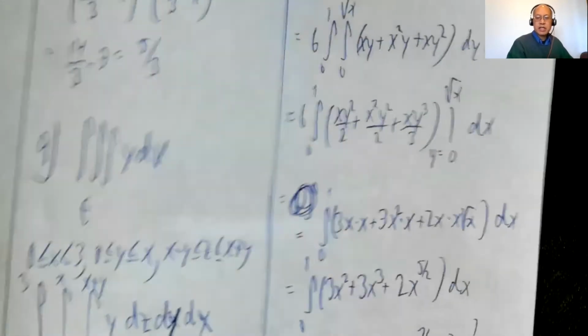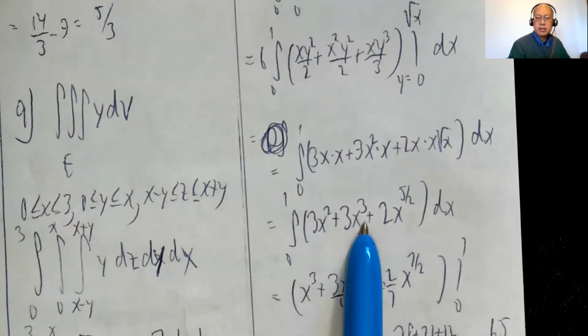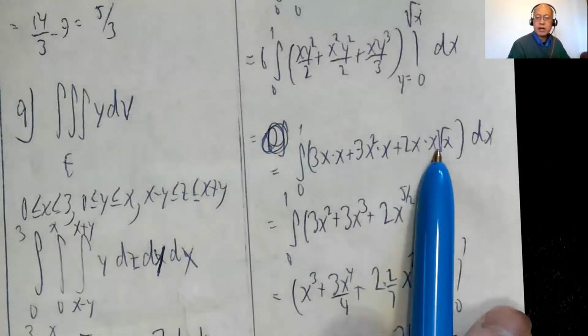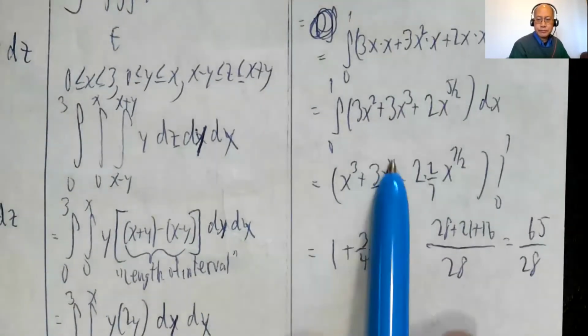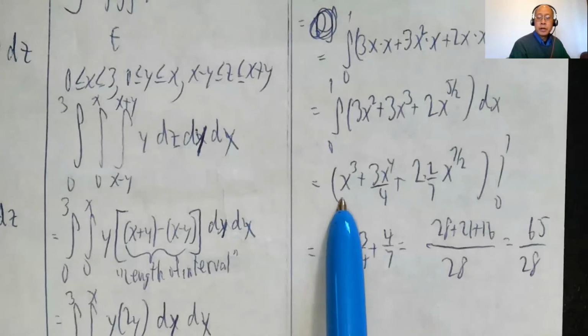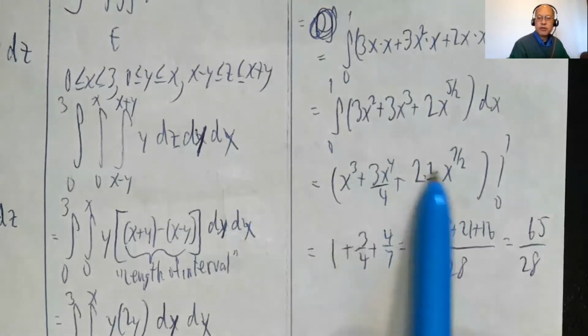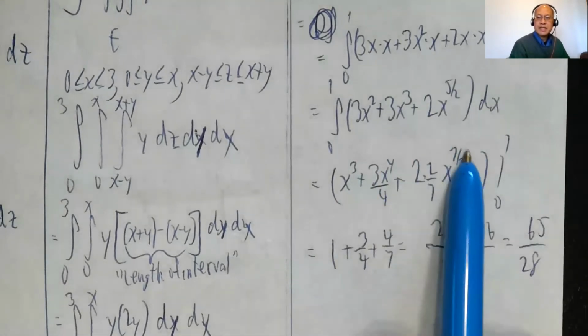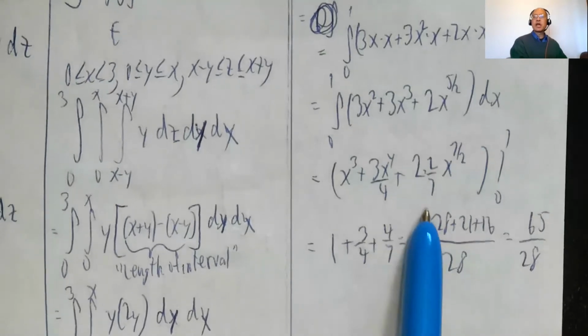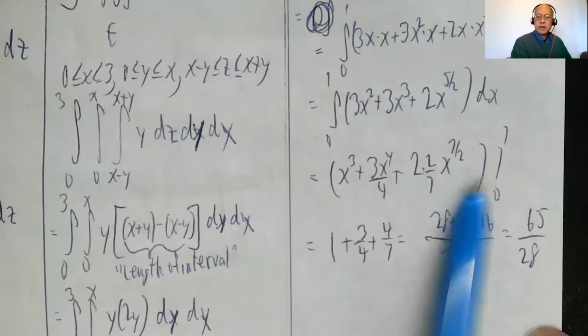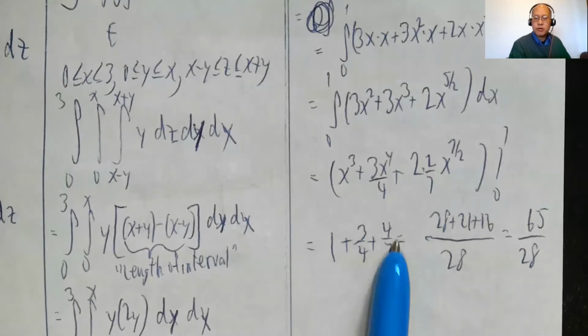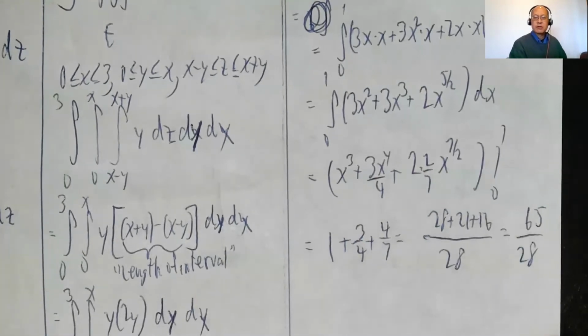So that comes out to be 3x squared plus 3x cubed plus 2x times radical x is x to the 5 halves. All right, so x cubed plus 3x to the 4th over 4 plus 2 times x to the 7 halves times 2 sevenths. Plug in 0, you get 0. Plug in 1. 1 plus 3 fourths plus 4 sevenths. 65 over 28.